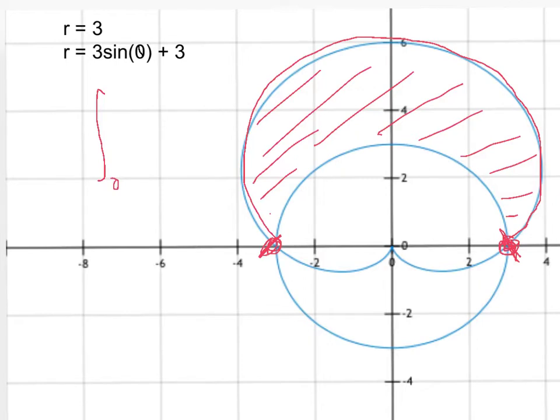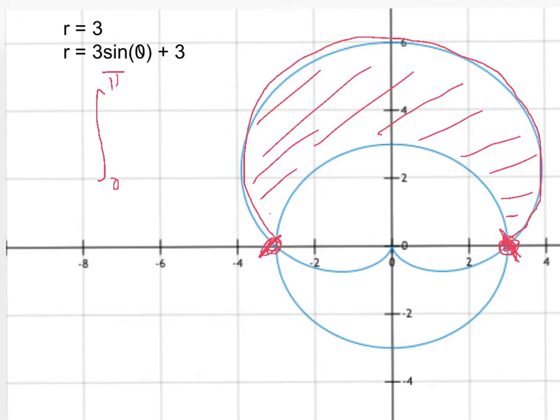Now my second angle, it looks like it would correspond with pi, right? Since this line is pi, so I'm going to plug that in. The sine of pi is 0, 3 times 0 is 0, plus 3. And remember, in polar coordinates, you're talking about going out along this angle, and we did go out 3 units. So the upper bound is pi.